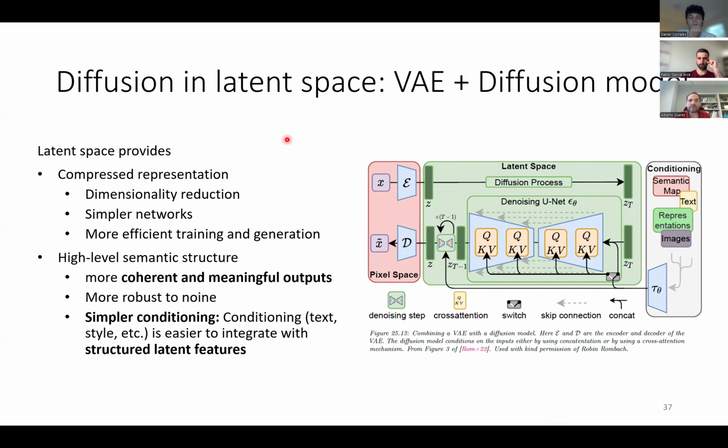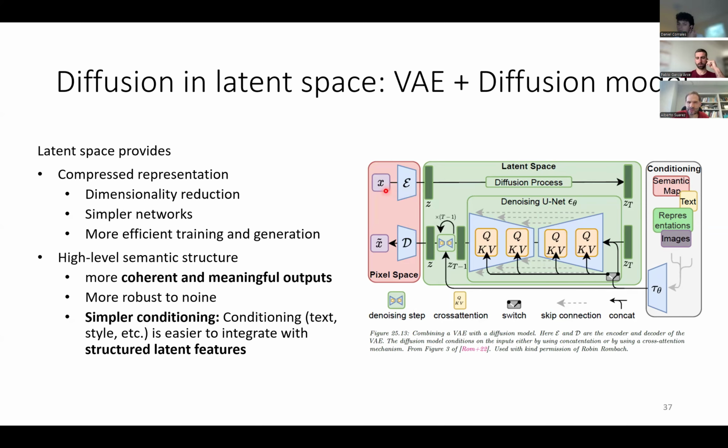Diffusion tends to be more efficient in latent space. So what you could do is combine this diffusion model with some autoencoder. For instance, this is an architecture corresponding to, I can't remember, I think this may be similar to what Stable Diffusion is doing to have very good quality text-to-image generative models.